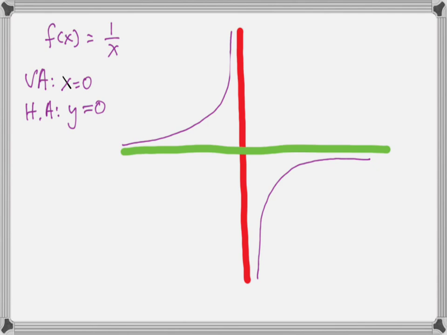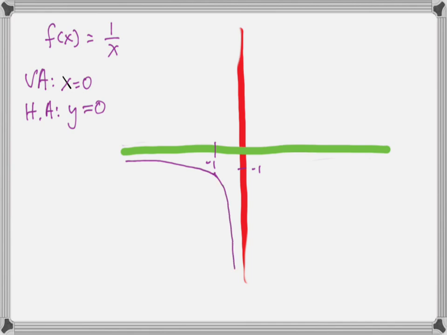If you plug in x equals -1, then you get -1. And what did I just graph? X equals -1, then y is -1. I think I just graphed it the other way around. -1, -1, here you go.